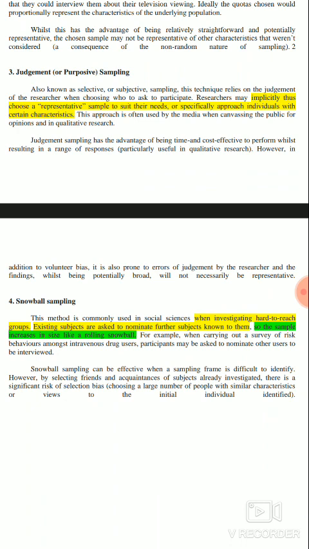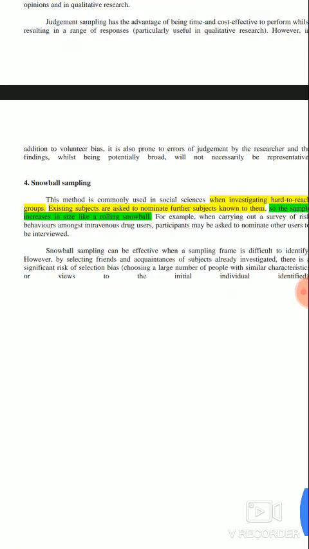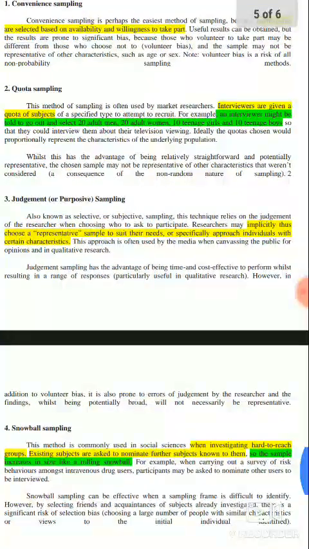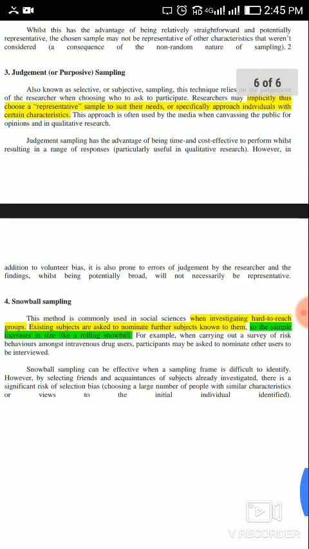If a researcher feels that the samples match his study, the researcher will take those people as a sample for their studies. It's called judgment sampling. That is, the samples are judged by the researcher himself. If they feel they match his study, they will take those people as a sample.